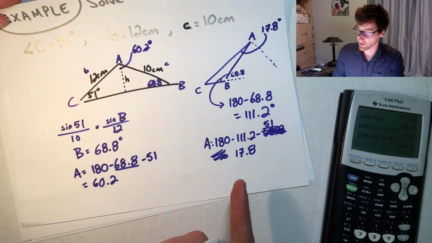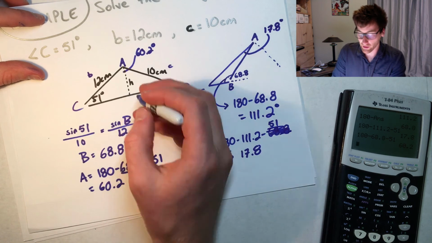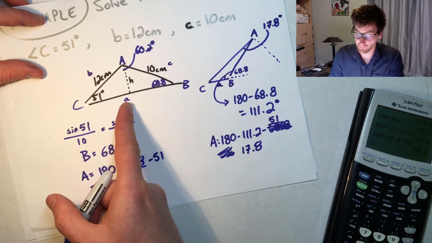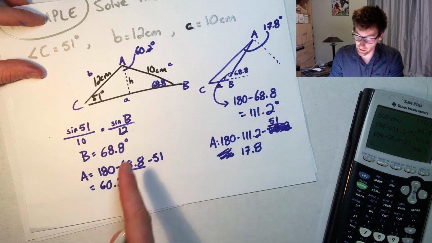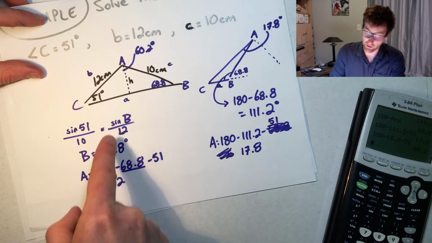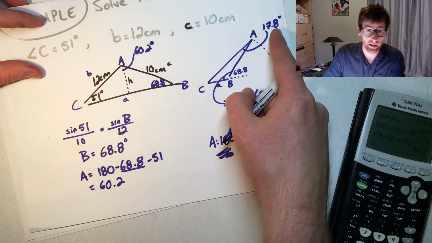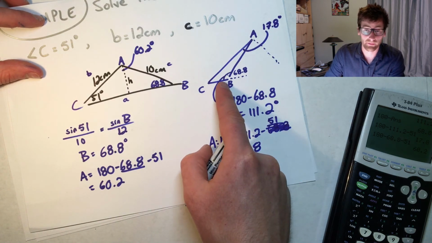All right, so now we can solve for little a and little a there using sine law with the 60.2 for this triangle and using sine law with the 17.8 for this triangle.